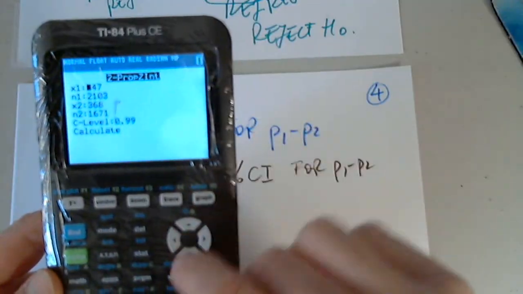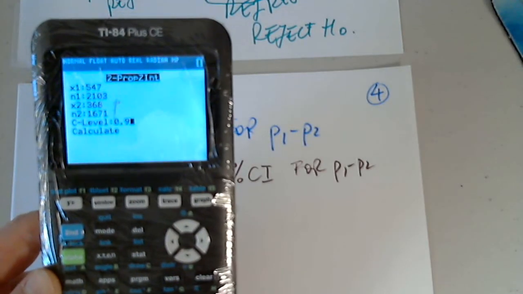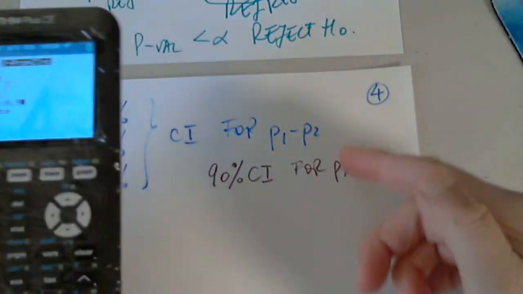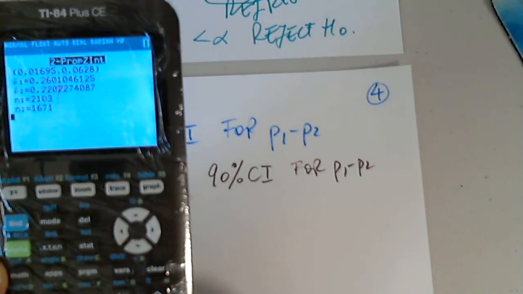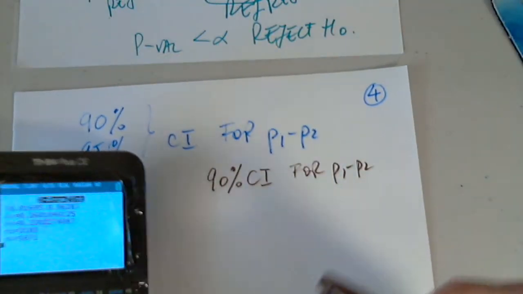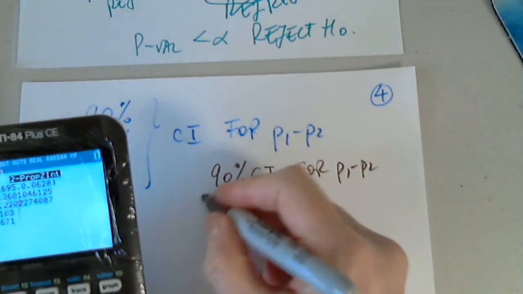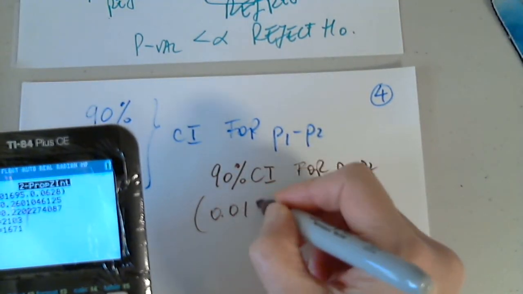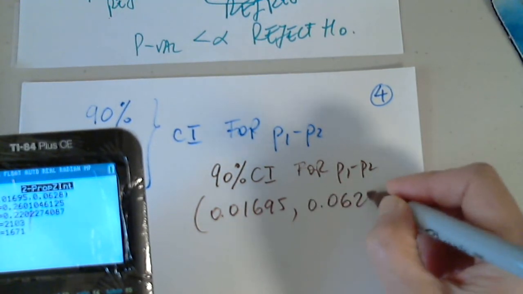You don't have to type it in again. You just have to change the confidence level to 90%. So the 90% confidence interval for the difference between P1 and P2 happens to be 0.01695, comma, 0.0628.